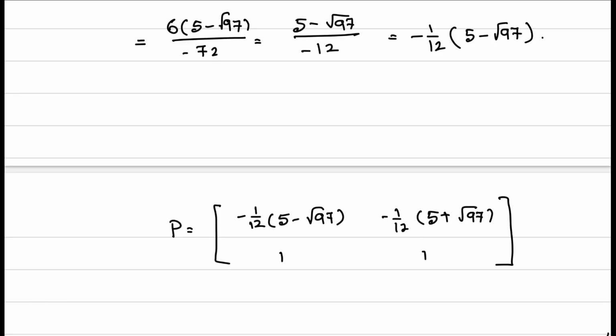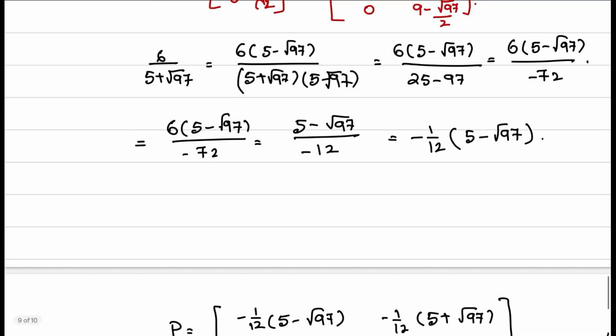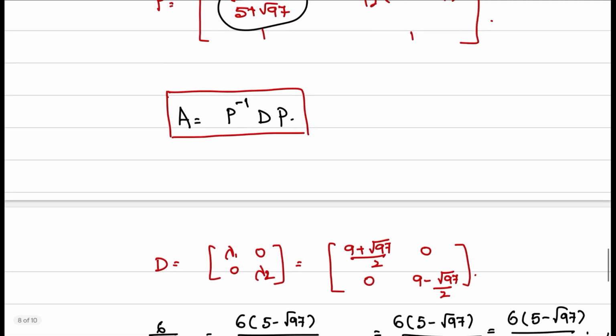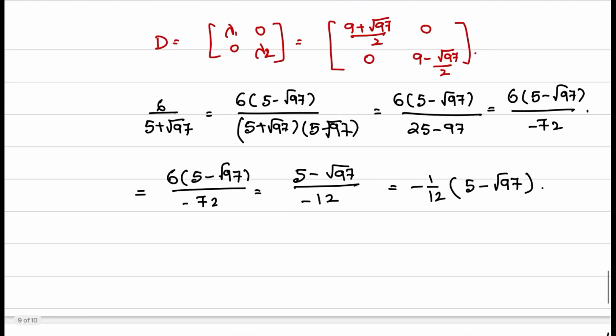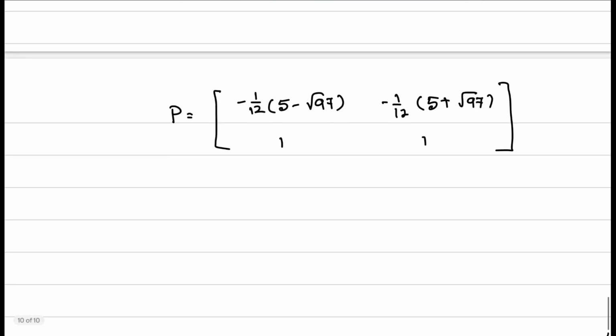So it will be easier to find P inverse and to cross check that A is equal to P inverse DP. Then we will come to know whether our D is correct or not. Once D is correct, we can say that is the diagonalization. We have got the P value.